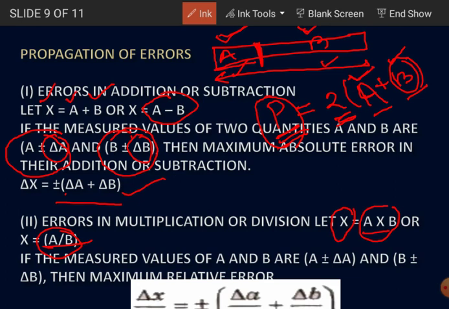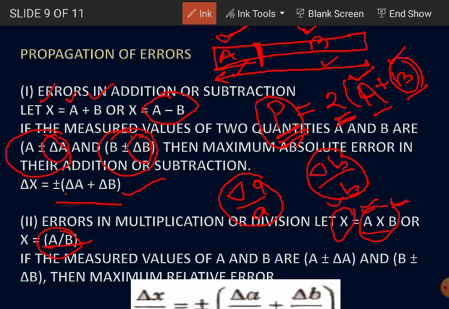Suppose A and B are two physical quantities, and the product of these two quantities gives you a physical quantity. Then there will be a relative error in the measurement of A, denoted by delta A by A. In the measurement of B there will also be a relative error, denoted by delta B by B, right?